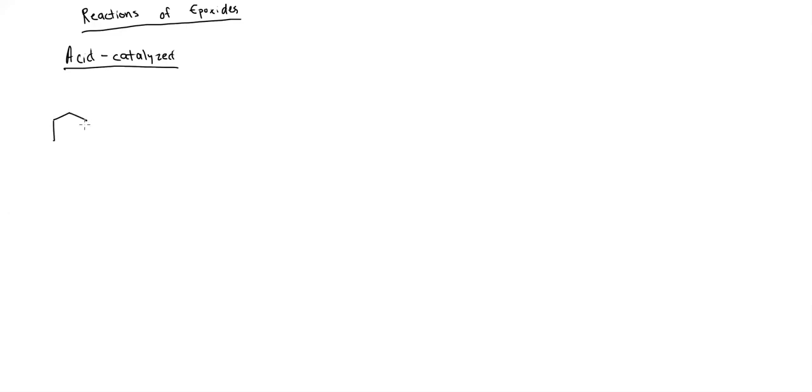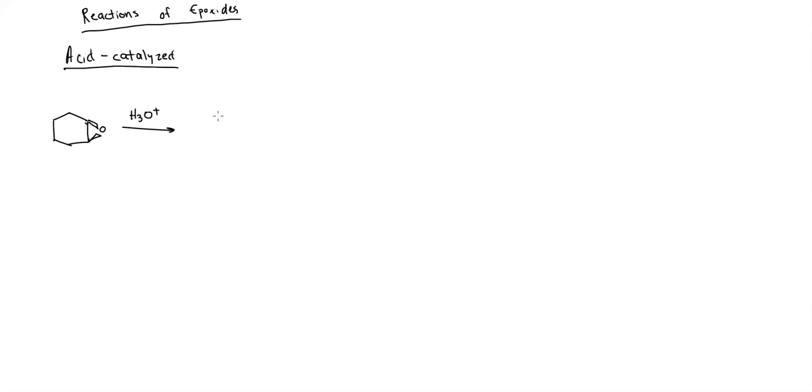So what I'm going to do is I'm going to start off with an epoxide. Let's start off with this epoxide. Horrible drawing. I'm sorry. So we start off with this epoxide, and then what I'm going to do is I'm going to throw in H3O+.